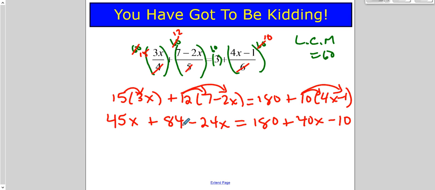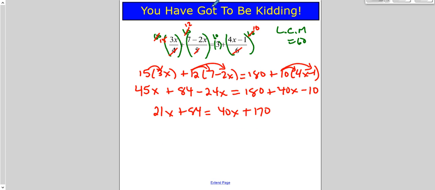Okay, so 45 minus 24 is going to be 21x plus 84. And then 40x and 180 minus 10 is going to be 170.